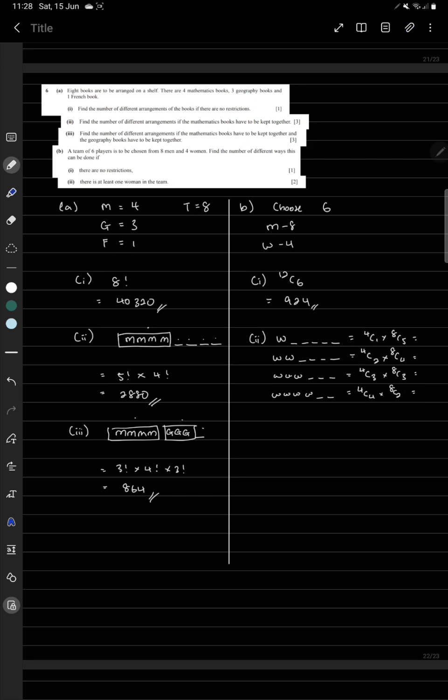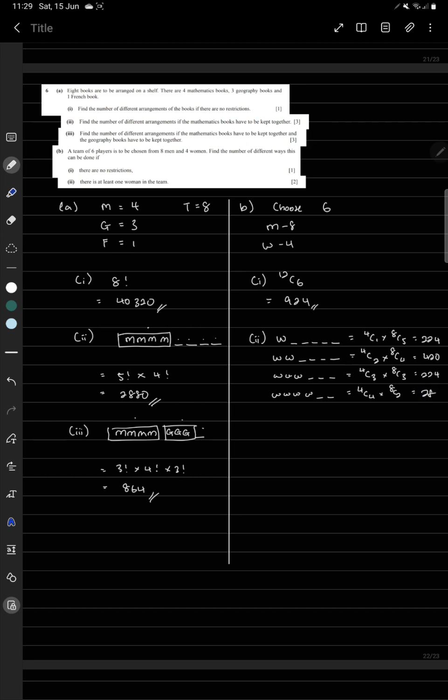Now plugging everything into our calculator, the first one gives 224, and the second one we have 420. The third one we have 224, and the last one we have 28.